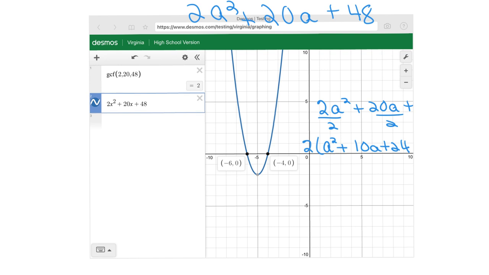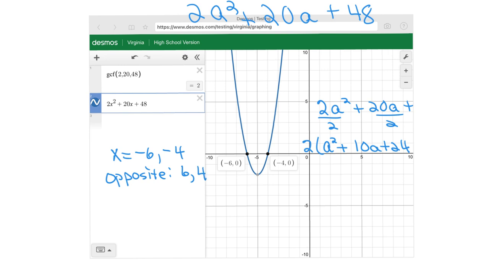Okay, I type in the original problem. Very important that we do that using the variable x. And I find that my x-intercepts are negative 6 and negative 4. Therefore, when I do the opposite of those, I'm going to get positive 6 and positive 4.